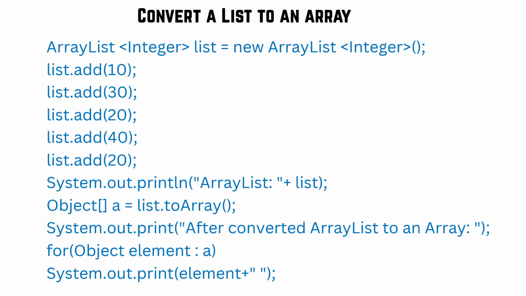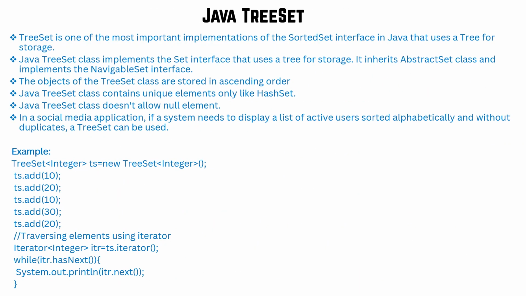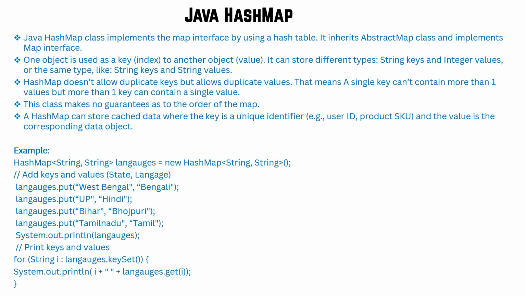Now let's see the implementation of the map. So the Java HashMap class implements the Map interface by using a hash table. It inherits the AbstractMap class and implements the Map interface. One object is used as key, which is the index, to another object, which is the value.